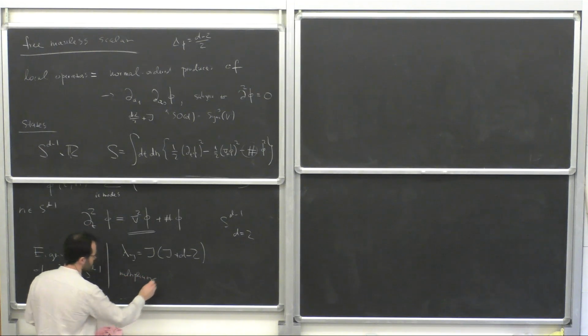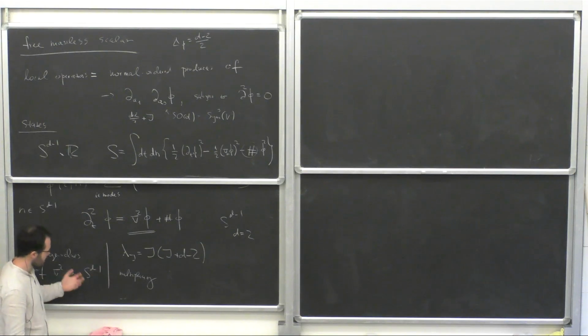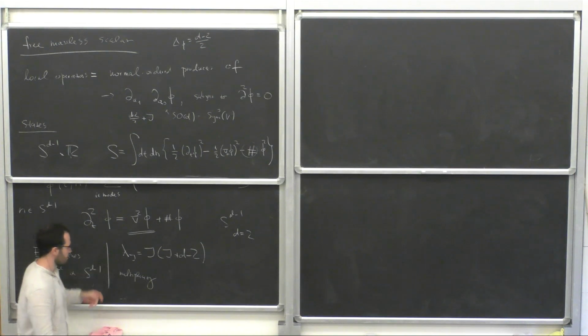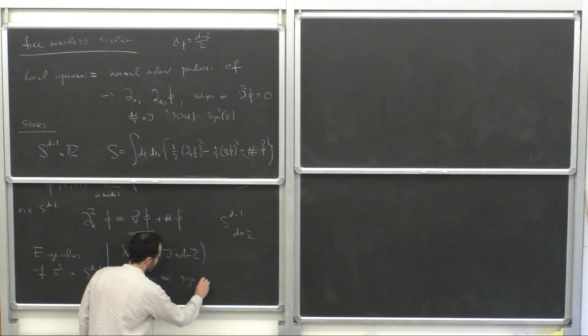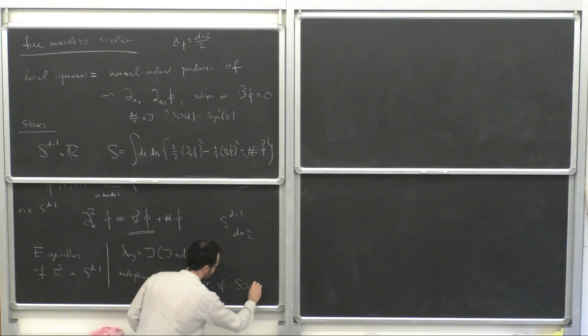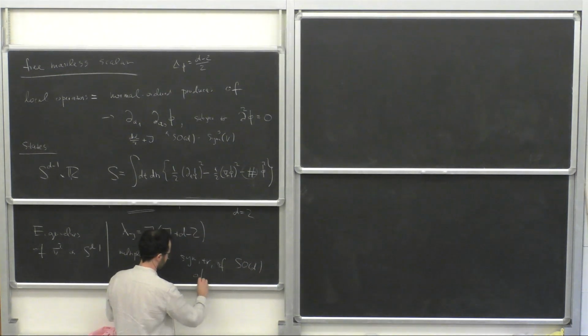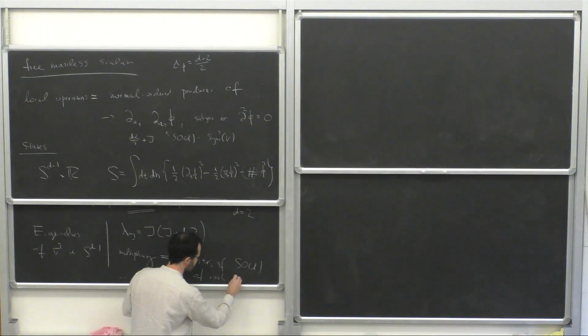The finite dimensional vector space of eigenvectors with this eigenvalue is exactly the symmetric traceless representation of SO(d) of rank j. So you can see it already starts looking very much like the space of local operators.